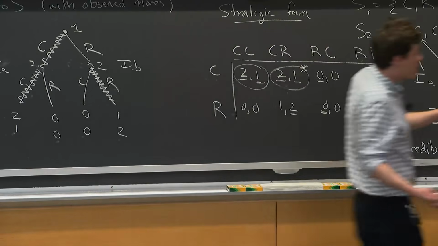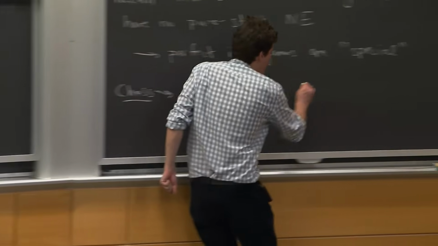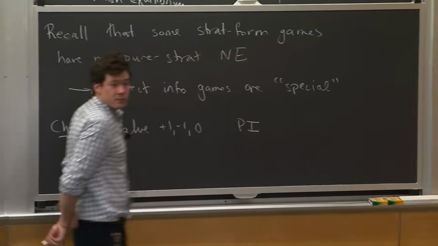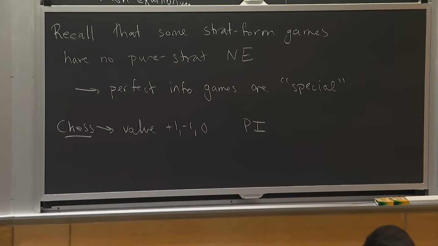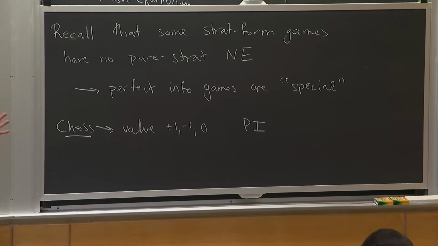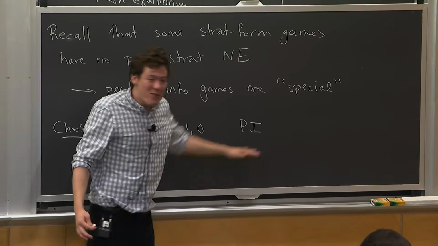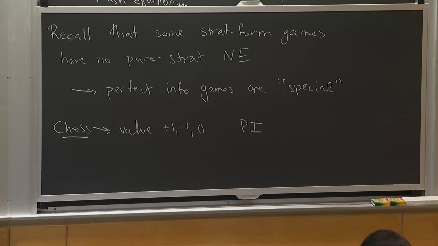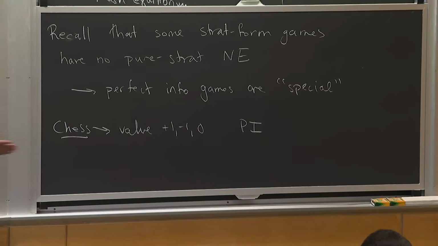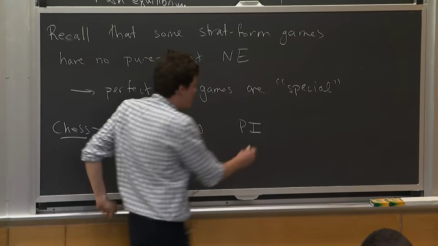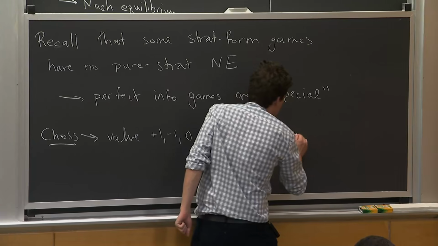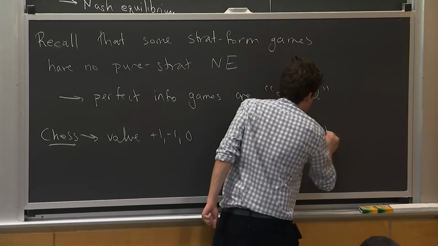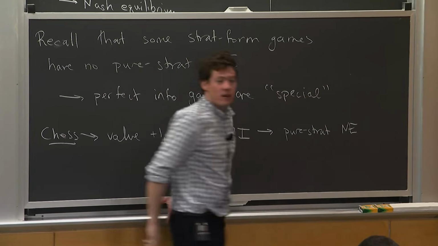So let's understand this. Chess is a game of perfect information, PI, which means I can apply backward induction to chess in principle. Of course, I can't actually do it because the game tree explodes. No computer, not all the NVIDIA chips in the world, can solve chess. But because it's a game of perfect information, I know it has a pure strategy Nash equilibrium from backward induction.